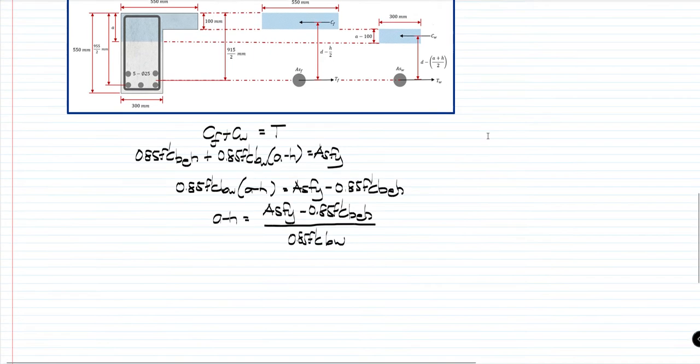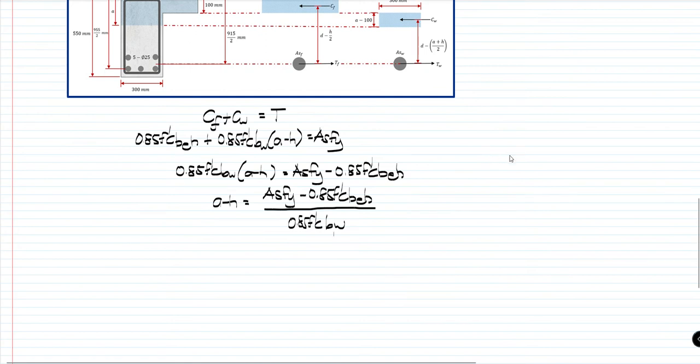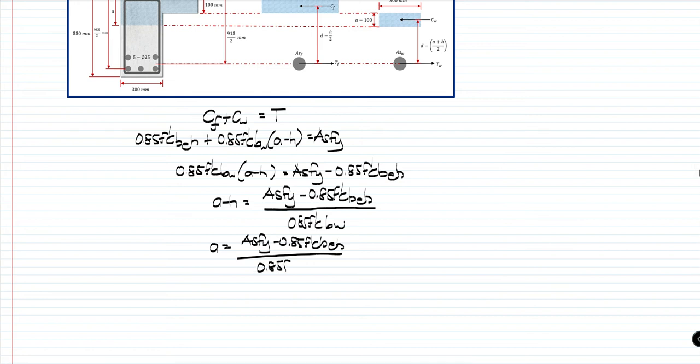Now, simplify natin by just transposing the value H. So, we have A is equal now to ASFY minus 0.85 F prime C BEH divided by 0.85 F prime C BW. So, that will be added to the value H.